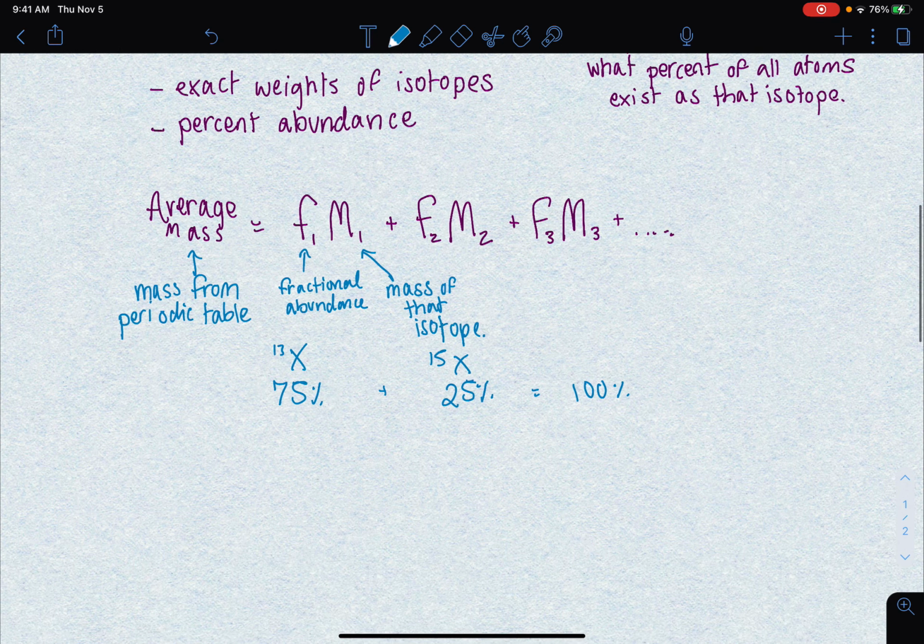Fractional abundance is just that percentage in decimal form. So what you do to take a percentage and make it into decimal form is you just divide it by 100 or move the decimal over twice.